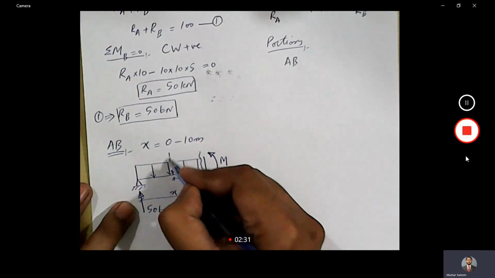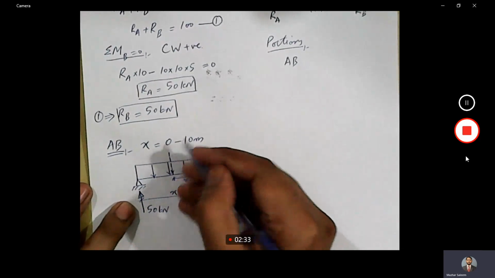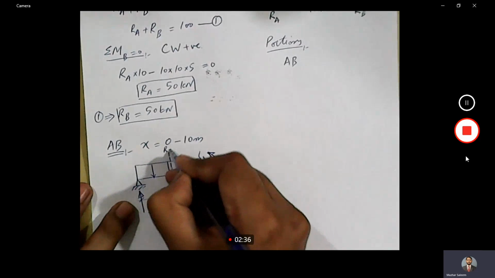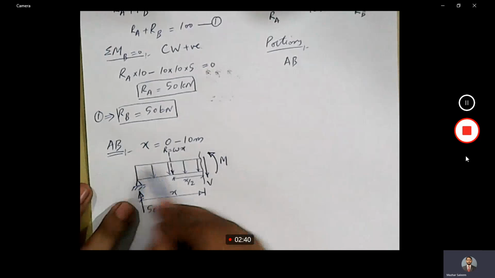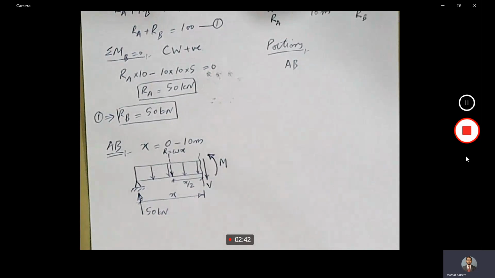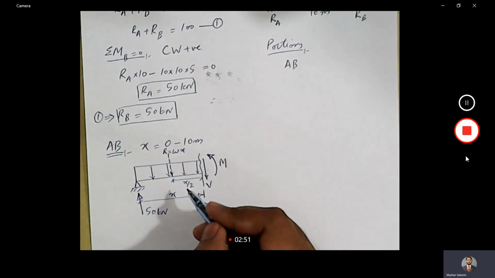And how much will be the magnitude of this? If we denote the intensity with omega, so omega into X will be the resultant of the portion of UDL that's present on the left side of the section. Okay, so this completes the free body diagram.